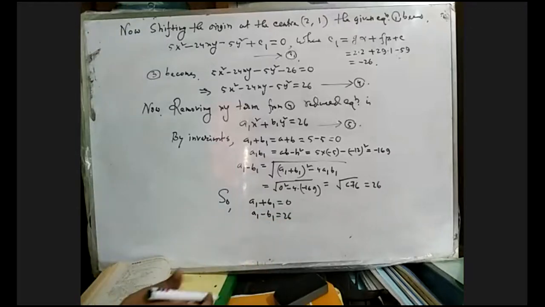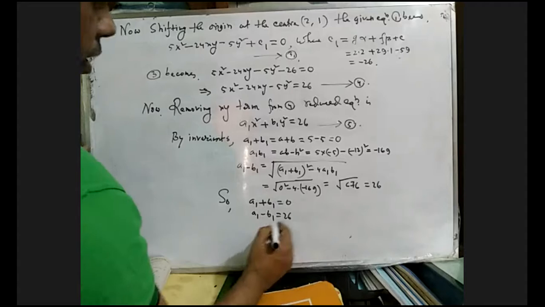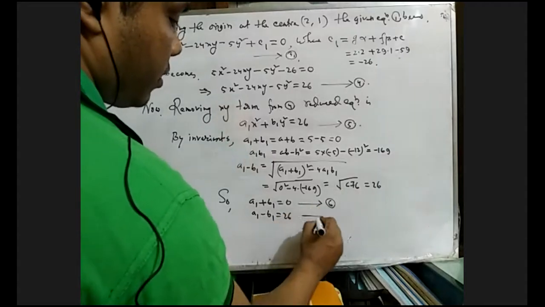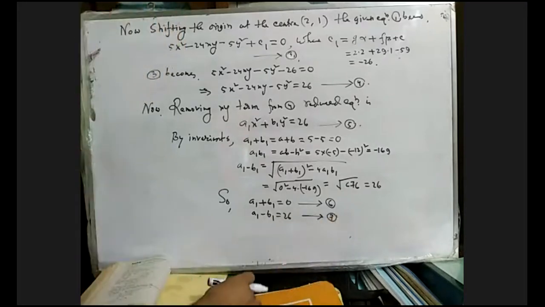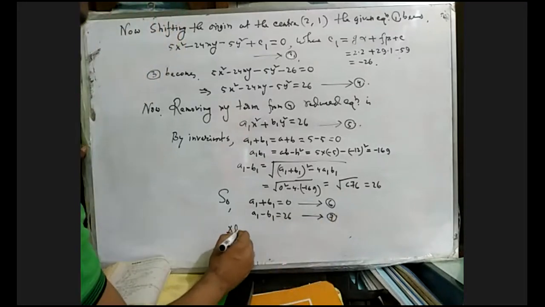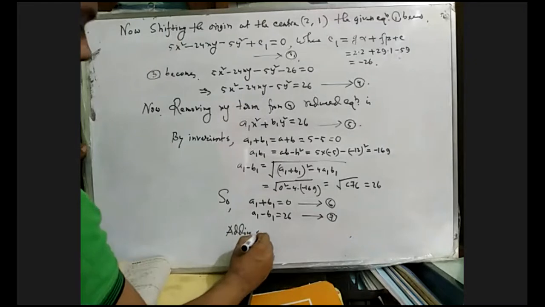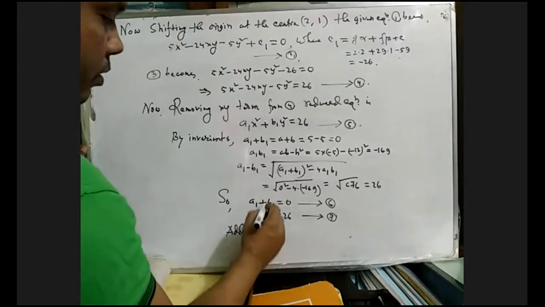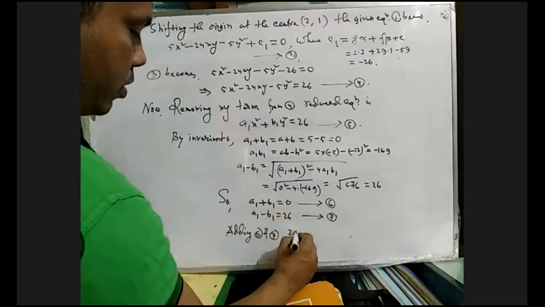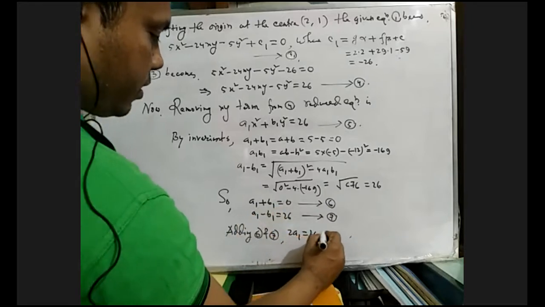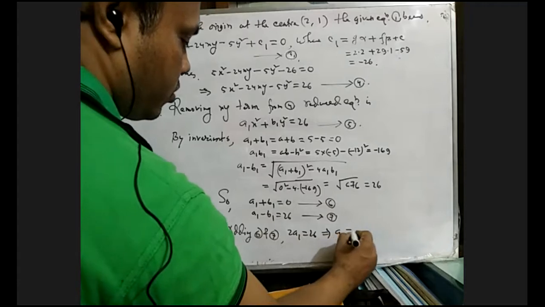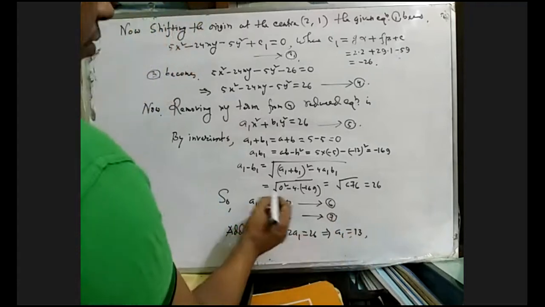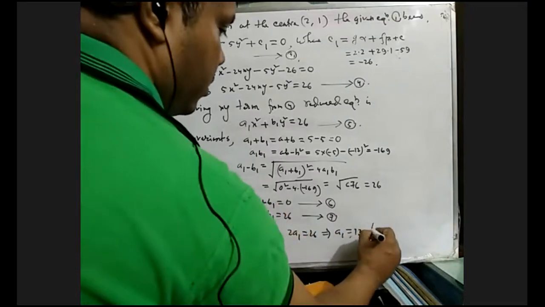We can name this 6 and this 7, just adding 6 and 7, adding 2a1 equals to what, 26. So a1 equals to what will be 13, and b1, putting the value of a1, b1 equals to minus 13.